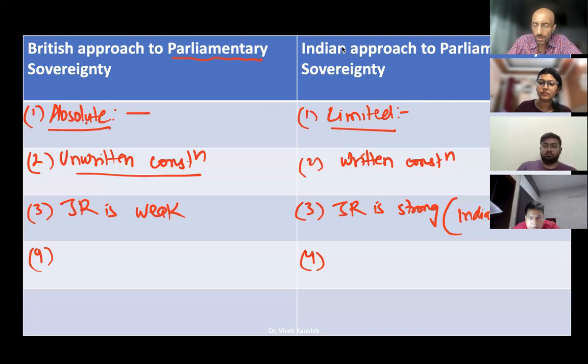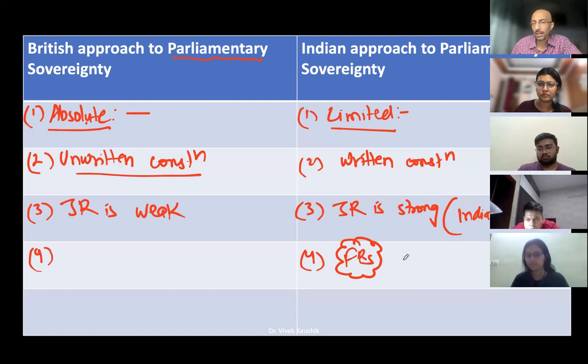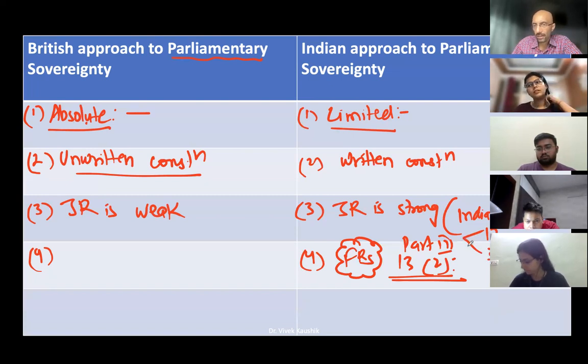And that limitation is that the Parliament cannot make laws in such a manner that fundamental rights of citizens are taken away, abridged, or violated. And this is clearly mentioned in Article 13, Clause 2. So Article 13, you all know, comes under Part 3 of the Constitution. Part 3 is from Articles 12 to 35. So after Article 12, we have Article 13.